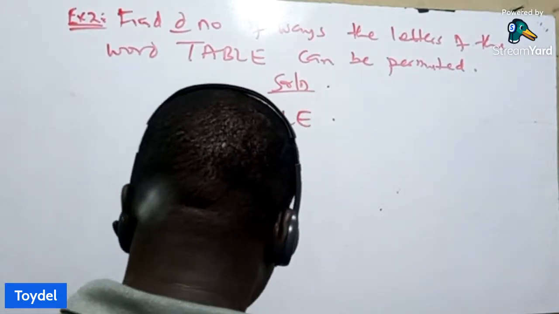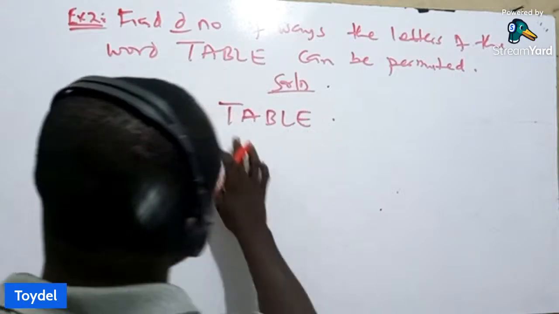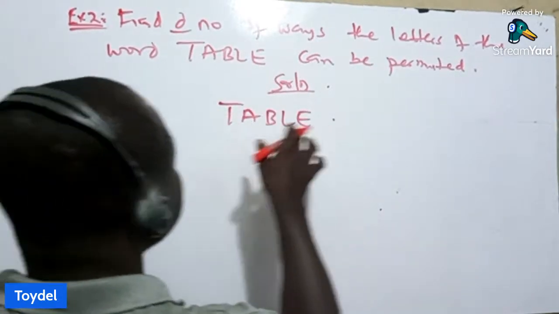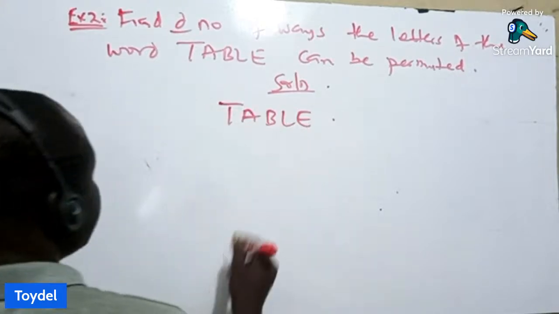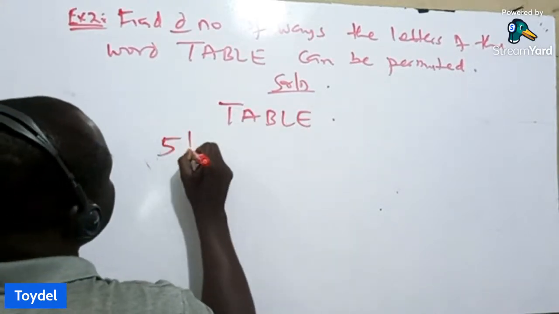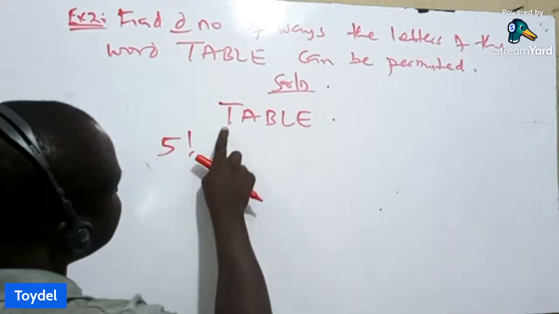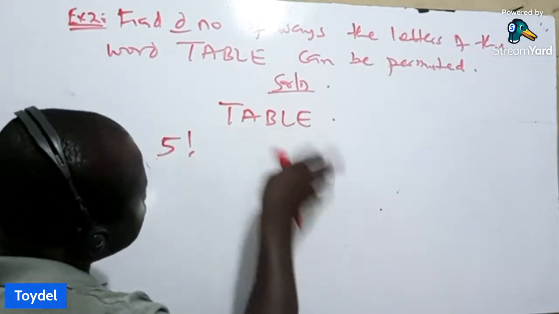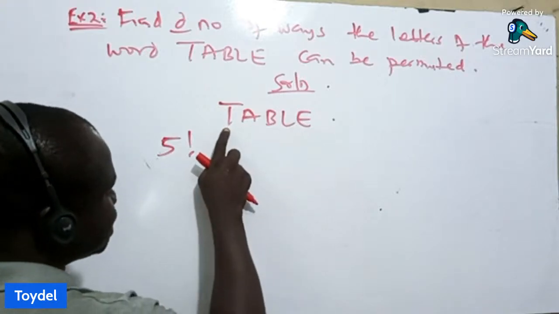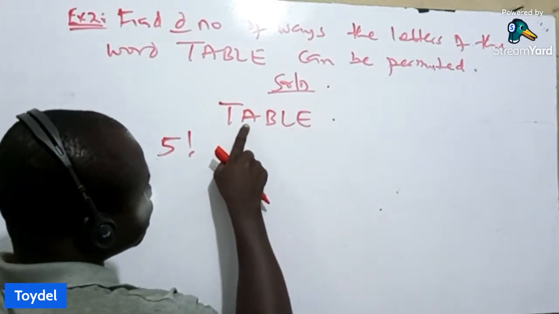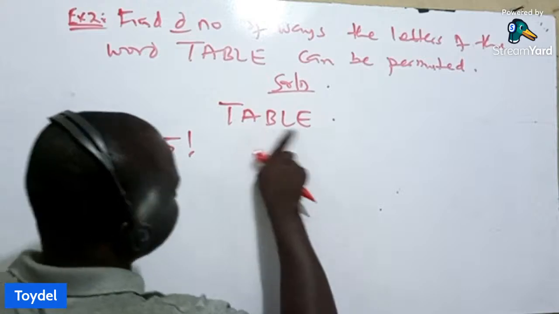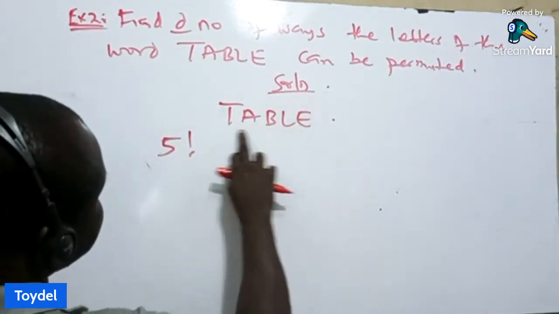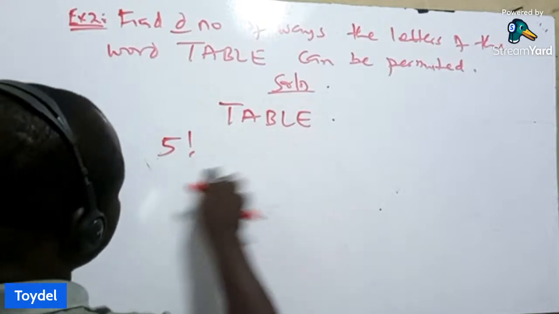Then how do we permute this? Since we have 5 different letters, the permutation of this will give us 5 factorial, because these are different letters. So how do we arrange this? I can first pick T, pick A, then bring L here, E before B. So the total arrangement that we can get, because we have 5 different letters, will be 5 factorial.